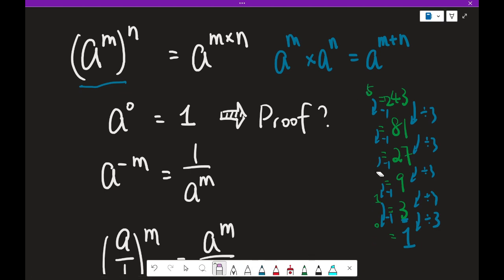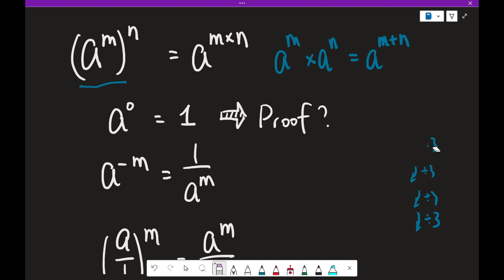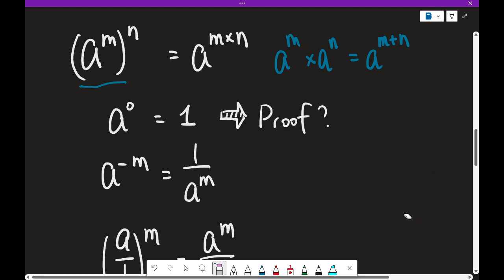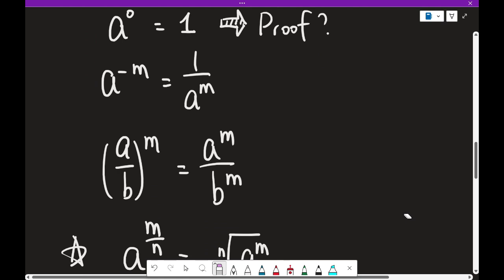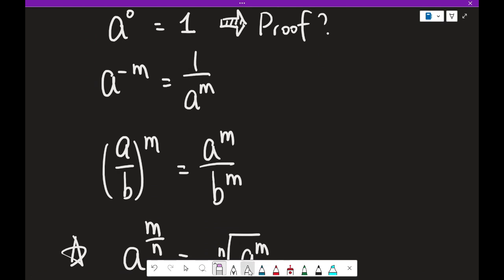Next identity: a to the power of negative m equals 1 over a to the power of m. Whenever we have a negative sign in our exponent, we just move it to the denominator, and we have 1 on top.